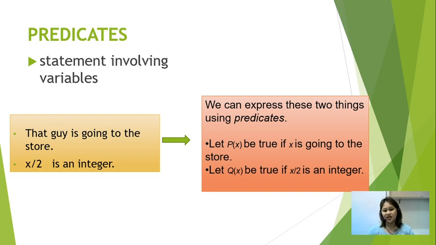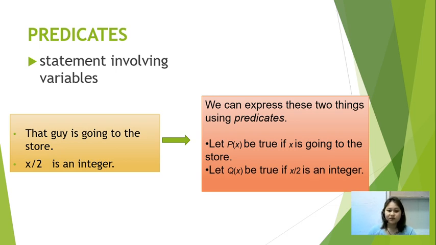So you can have Z, B, A. So it depends on the statement or on the proposition, I mean the statement that is in the problem. Okay, so you have there, let P of X be true if X is going to the store. So just like in the example, Jose is going to CCDI, so it's false. Berto is going to the store, so it's true. And Dado is going to the park, so it's false.